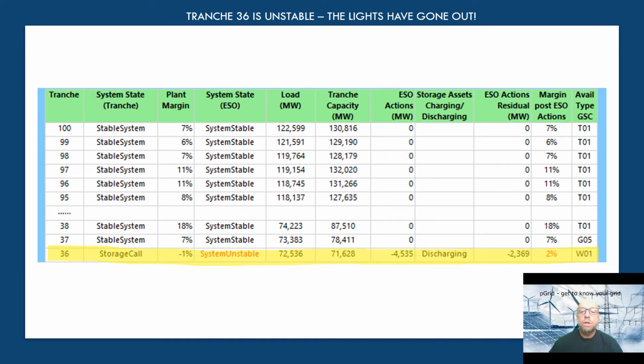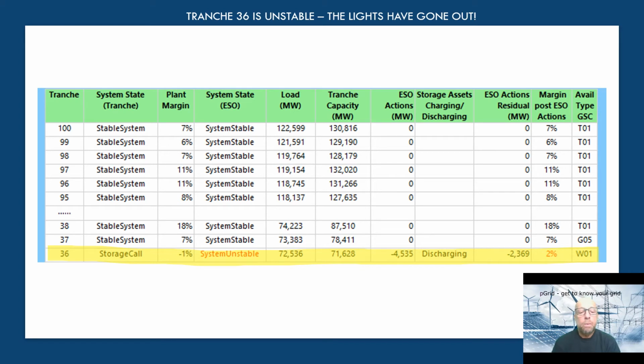So it goes to the storage assets. It says, look, I'm looking for 4.5 gigawatts of power in this tranche in order to get a sensible plant margin. And so the storage assets discharge what they can, but unfortunately they can't discharge to 4.5 gigawatts. They come back and say, well, there's 2.3 gigawatts of residual that we can't store.